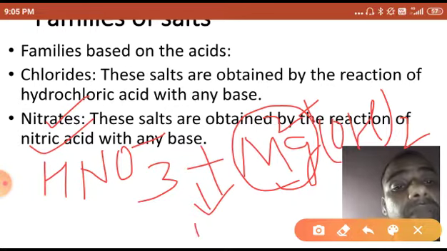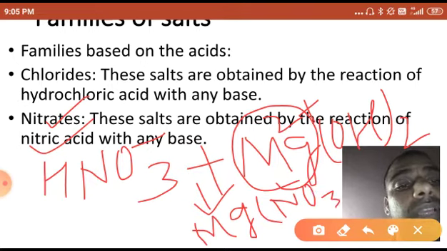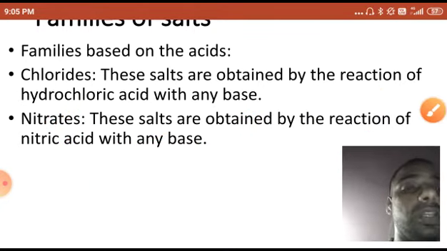So what will it form? Mg 2 positive will exchange, so Mg will get 1 and NO3 will get 2, plus H2O. So exchange of ions, you know, so magnesium 2 positive and 2 negative, this one is magnesium nitrate. So you have understood, two examples I have given.